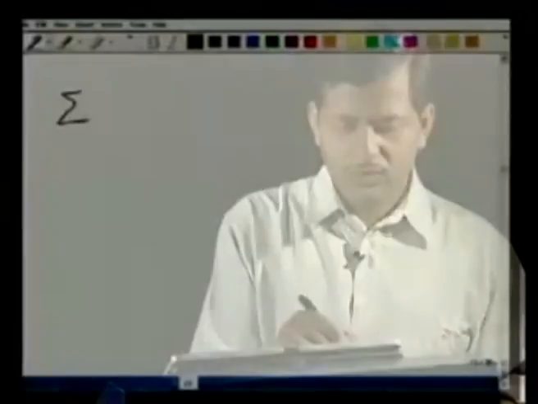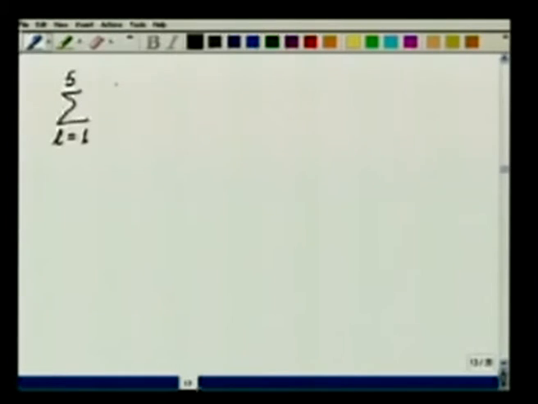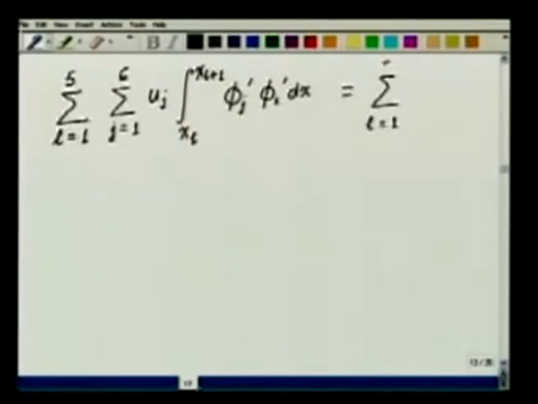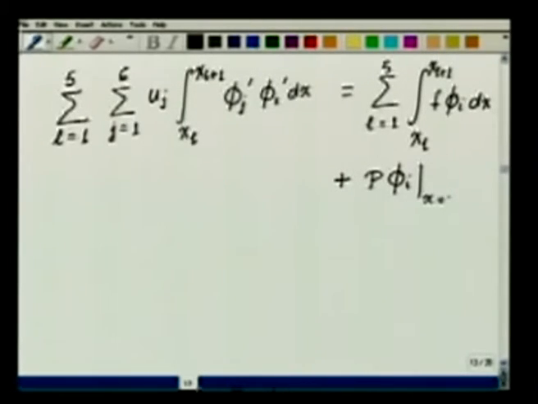We will get sum over l is equal to 1 to 5, summation over j is equal to 1 to 6 uj integral xl to xl plus 1 phi j prime phi i prime dx is equal to summation over l going from 1 to 5 integral xl to xl plus 1 f phi dx plus p phi evaluated at the point x is equal to L. Okay.